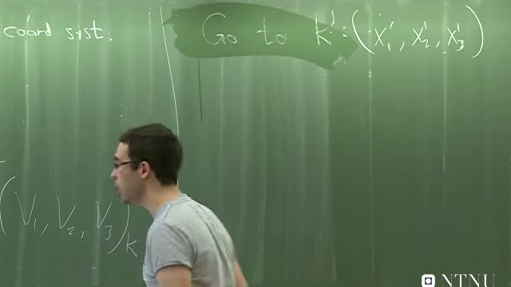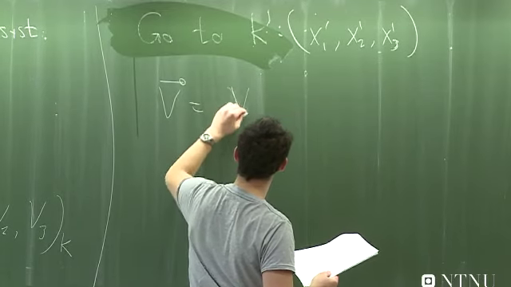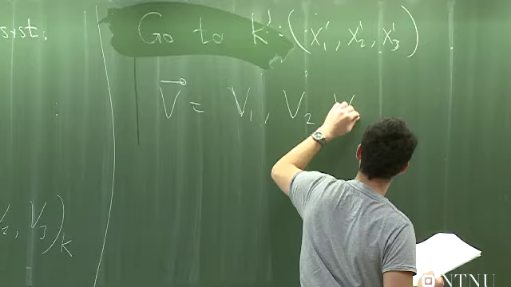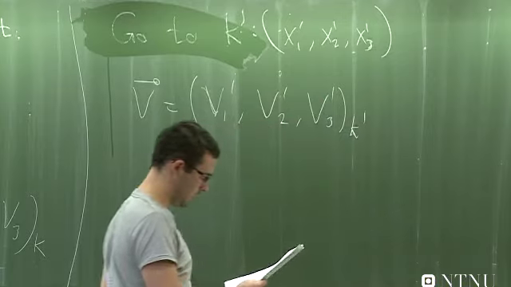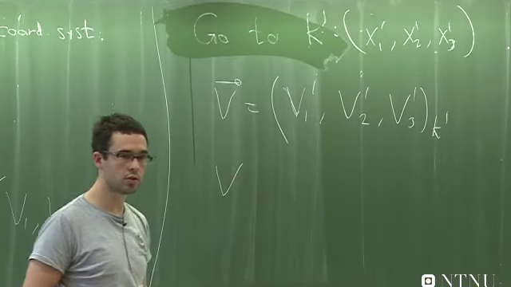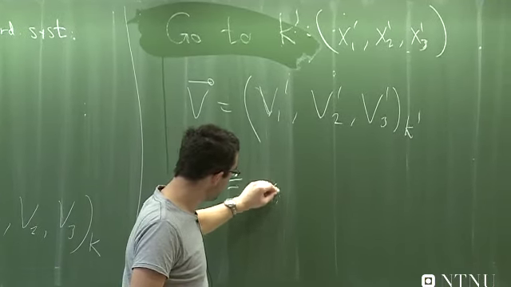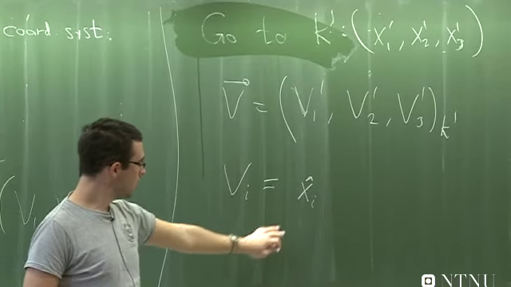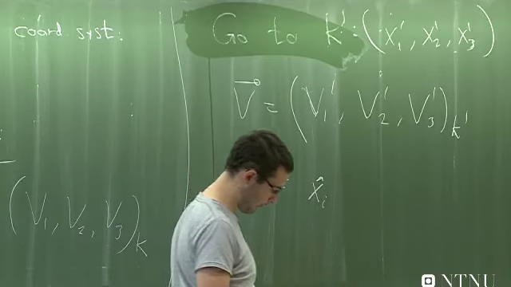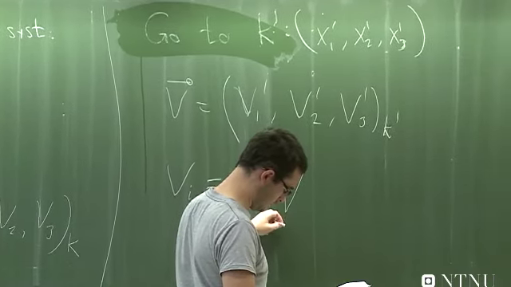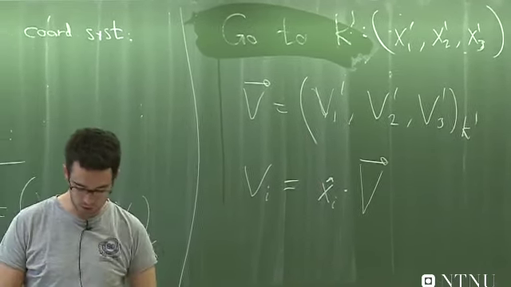I can just do the same thing and denote it by, there you go. So I can also write this equivalently as component i of vector v is going to be the ith unit vector, in fact, dotted with the vector itself. Okay?